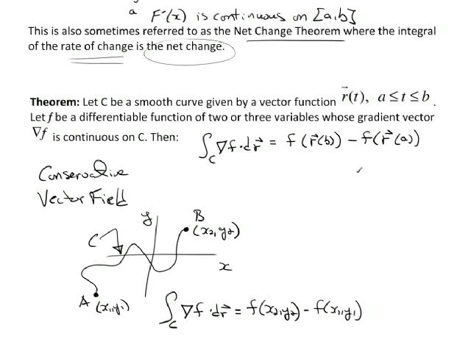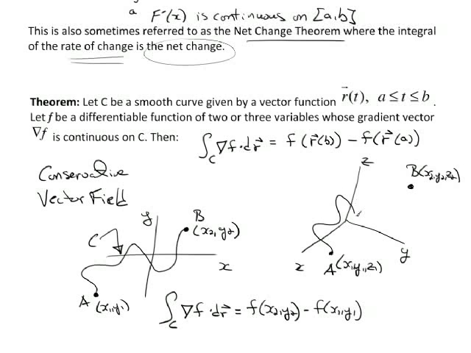Now likewise, if I extend this out to 3 space, I have a point here A with coordinates x1, y1, z1, and over here someplace I have B with coordinates x2, y2, z2. The path that I take to get there is not important because it's a conservative vector field.